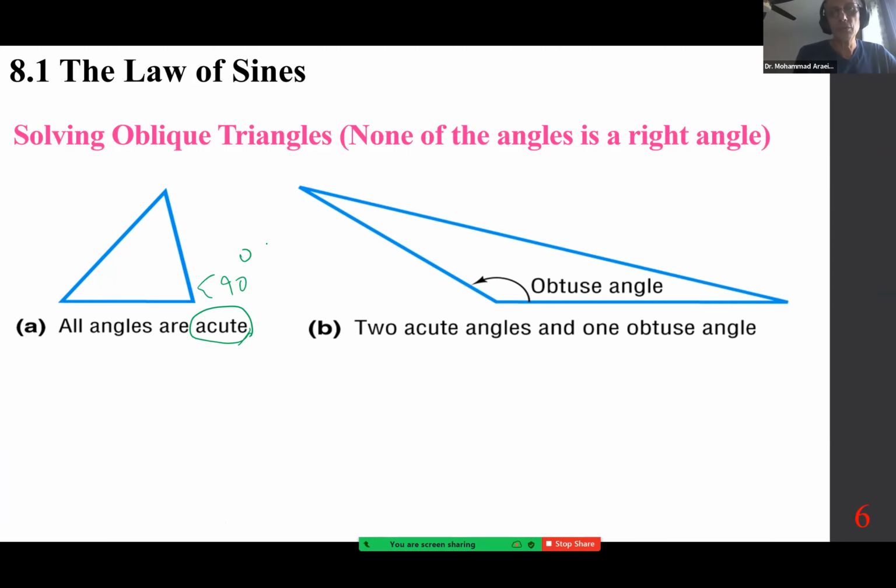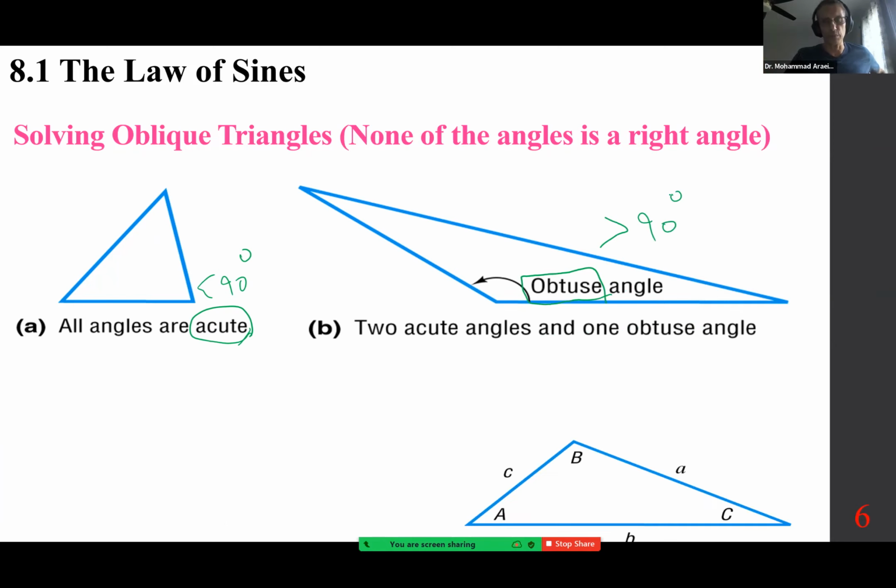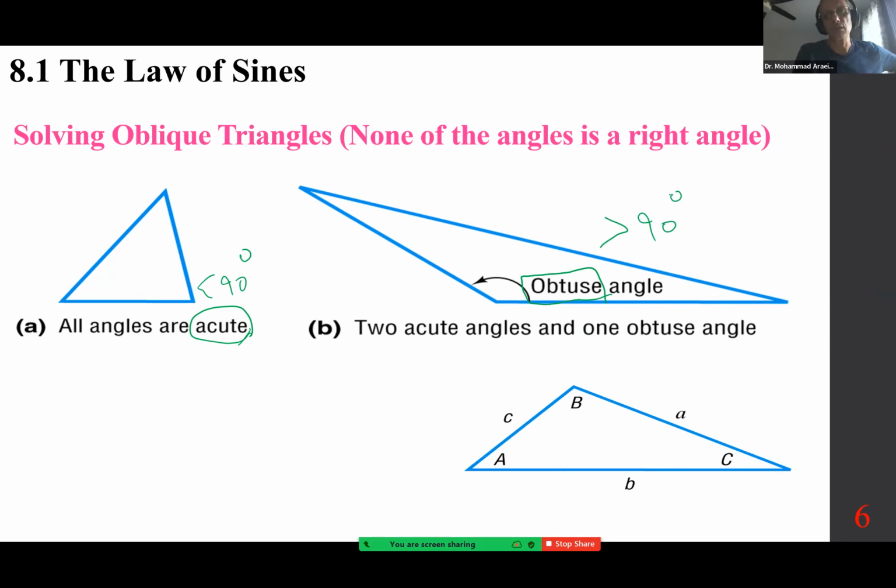Or we have two acute angles and one obtuse, which means larger than 90 degrees. You can only have one of them larger than 90 degrees. Only one. That is the only way to have it.